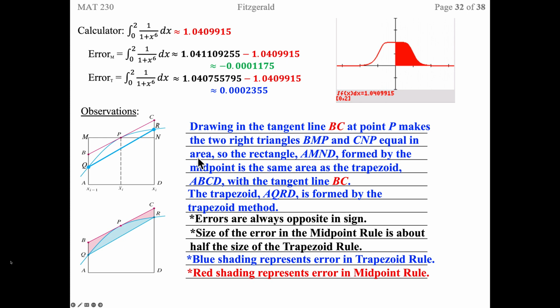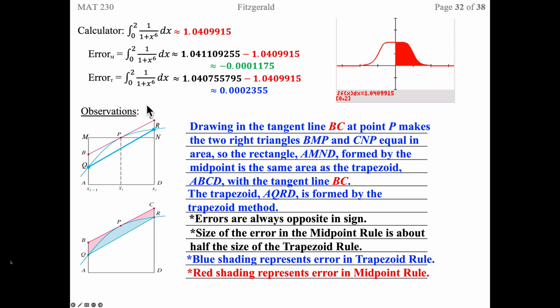All right, now the trapezoid AQRD is from our trapezoid technique. And what you're going to notice here is that if my curve concaves down, my midpoint is always going to be too, in this case, too big. And here, my trapezoid estimation is going to be too small because we are technically under the curve.